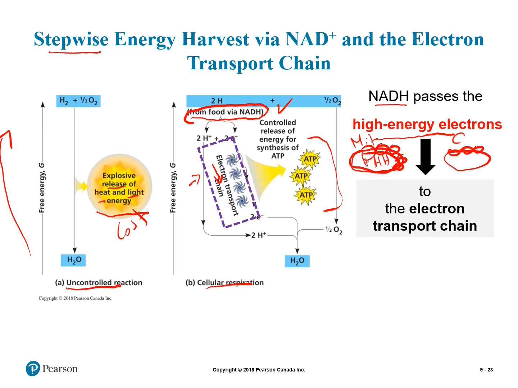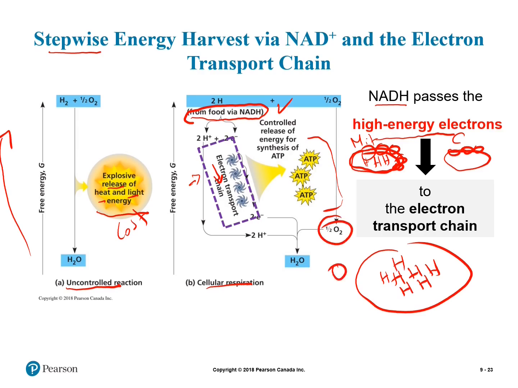Both cases will be the same process. They will be inside, and you will have a lot of hydrogens, a lot of them. So you're going to create a gradient, and we will take advantage of what? Of oxygen. You remember that oxygen is very electronegative?